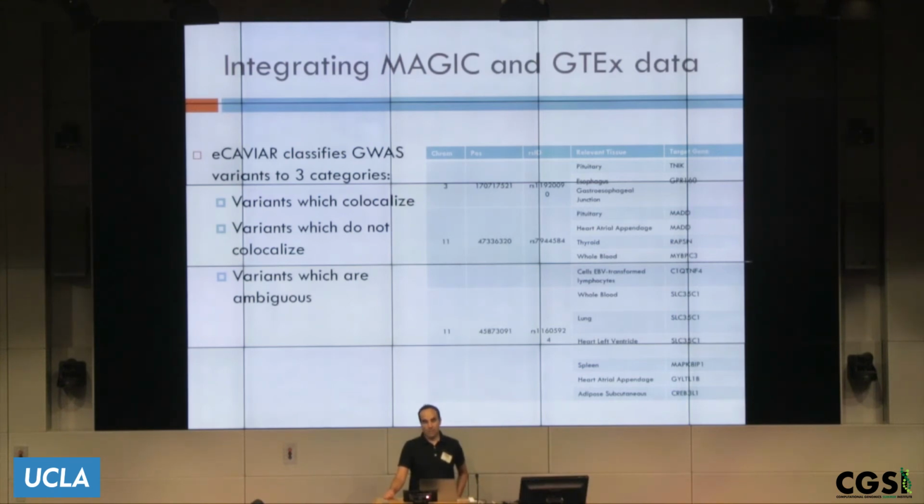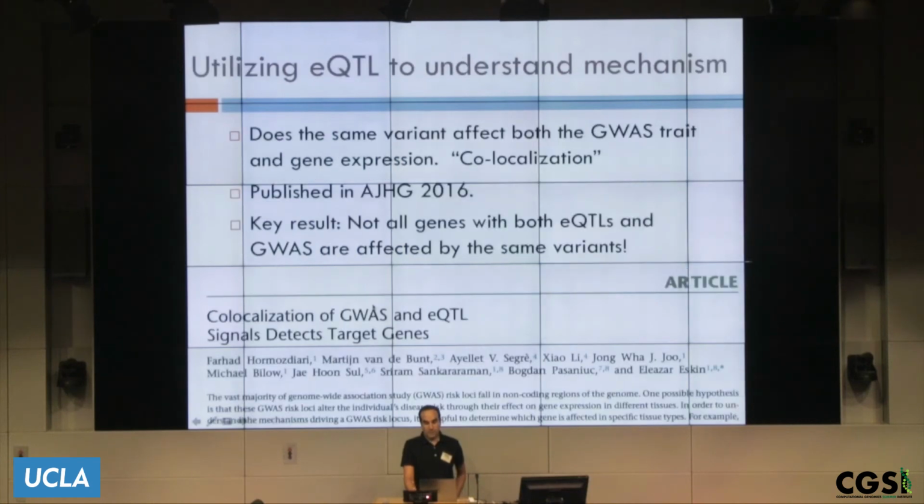Okay, what percentage do you think did not co-localize? 95? No. So I'll tell you what we found: 10% co-localized, 10% do not co-localize, and about 80% were ambiguous. The ambiguous ones we don't know, but people were actually shocked that they don't co-localize, because they collected the GTEx data and all these eQTLs just assuming that they co-localize, right?